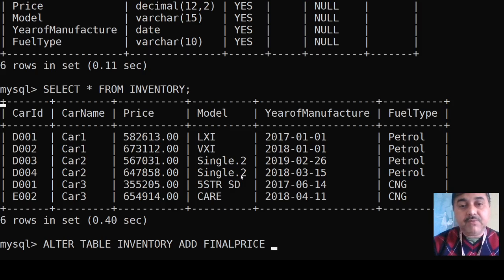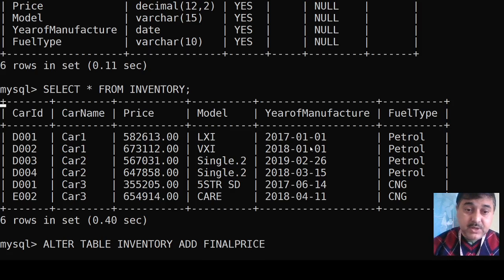Now when we have written final price, we need to find out what its data type is. So we can give decimal, according to our requirement. Now when we are giving the add, here you see one thing: we have missed one important thing.